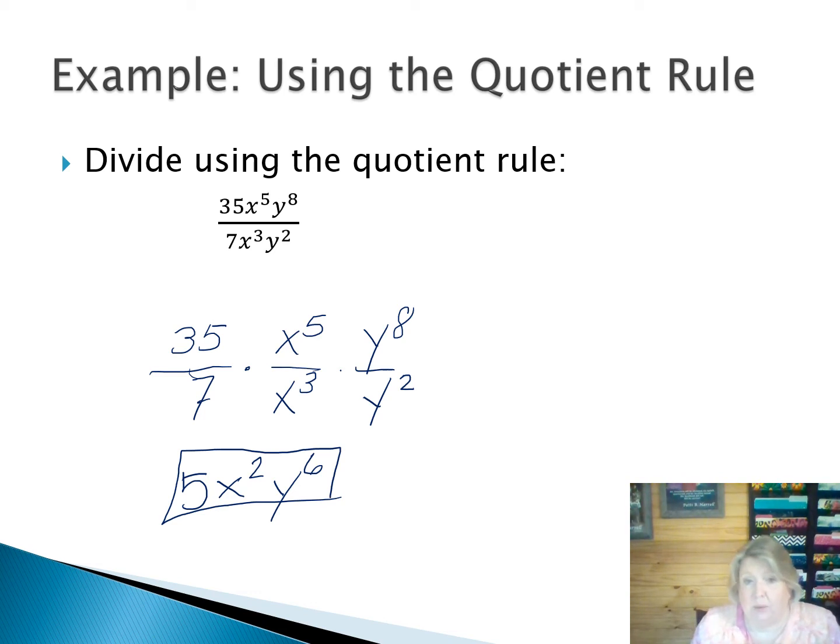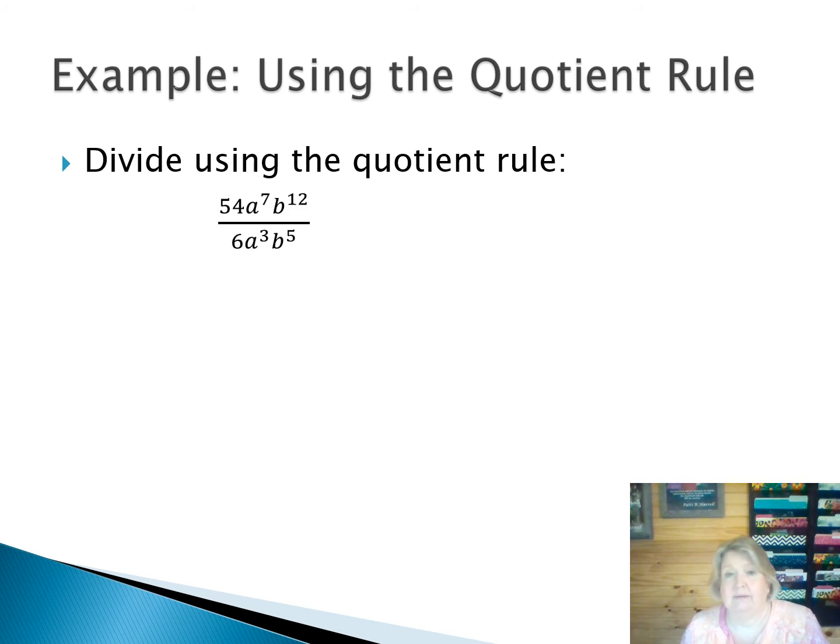Now again, we want to get to the point to where we can leave out this middle step. We want to skip him altogether before we actually get into the college algebra curriculum. Practice it until you can. So here we go again. Again, what I think, even if I don't write it, is 54 divided by 6 is 9.